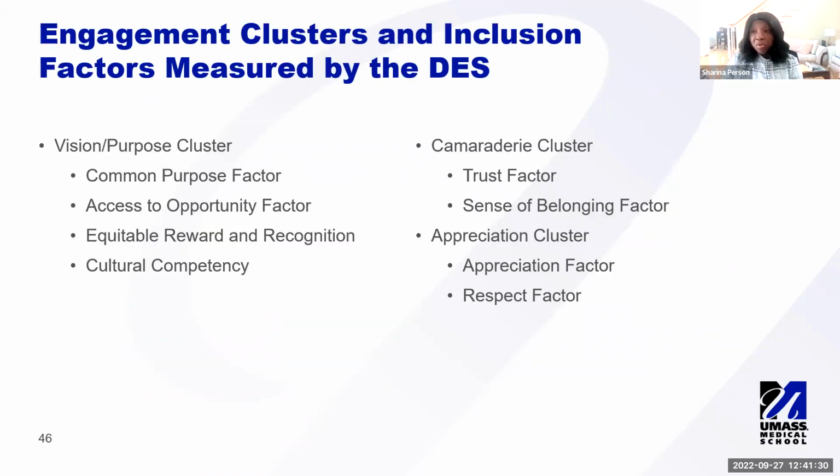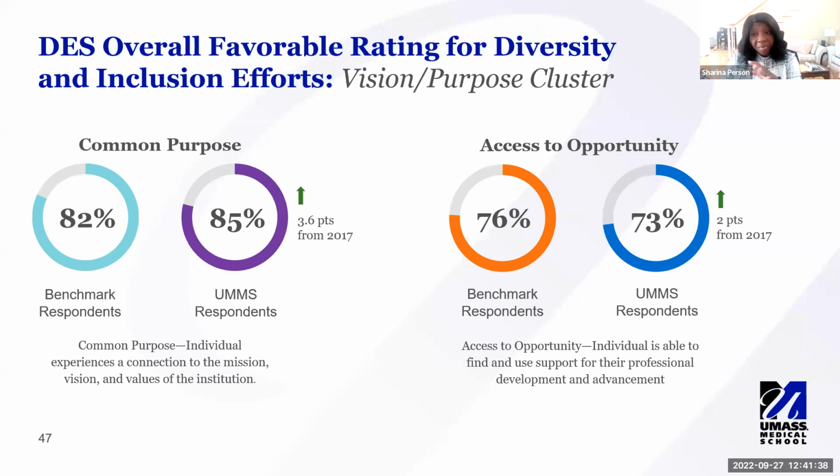We also do it by vision, by inclusion factor, like I mentioned before, and we compare it to the benchmark. So here, for example, UMass respondents had a higher favorable rating on the common purpose factor than the benchmark did. Here, for access to opportunity, we had a lower favorable rating than the benchmark, but our lower rating was still an increase from the previous time we've done the survey.